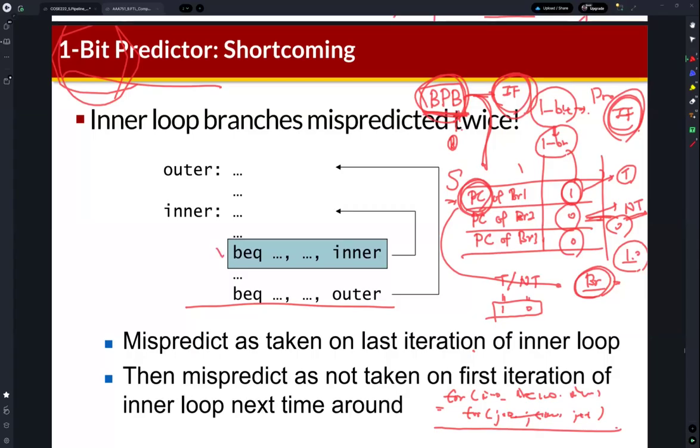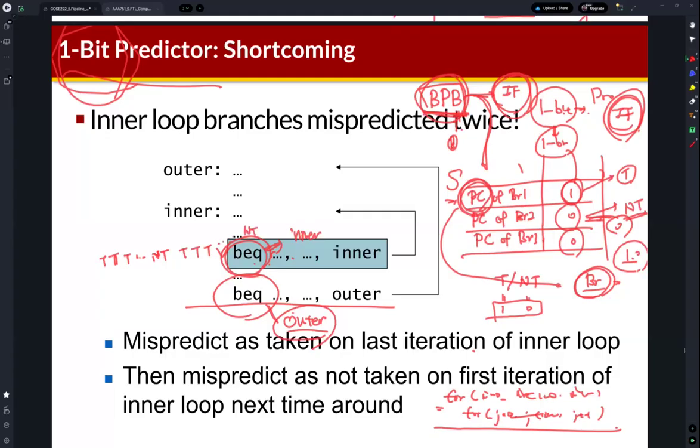This is the branch instruction for the inner loop, and this is the branch instruction for the outer loop. Then for the inner loop, the branch will be taken, taken, and not taken at the final iteration. Then the outer loop will be repeated: taken, and then not taken.